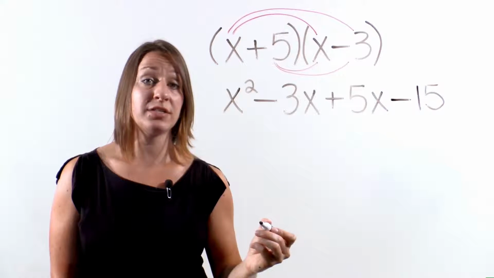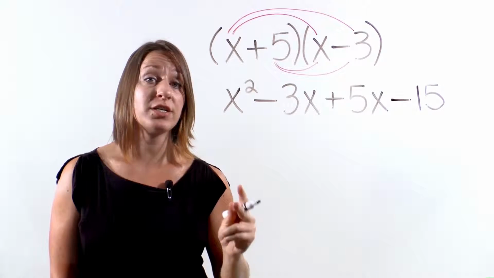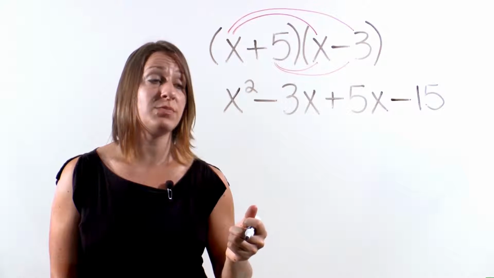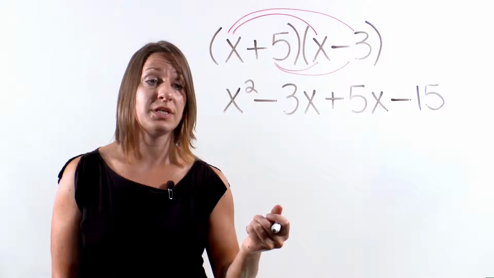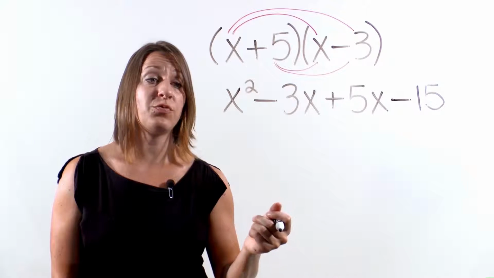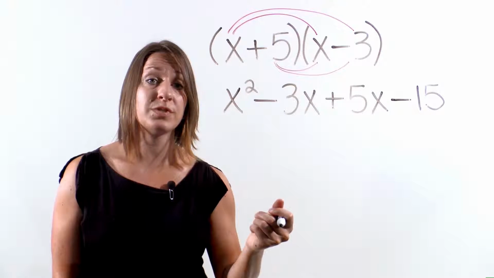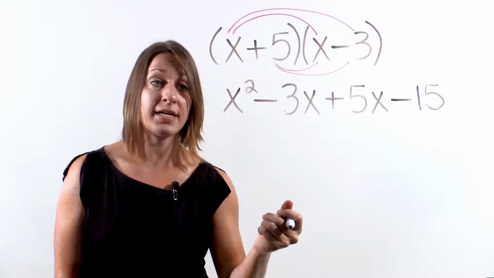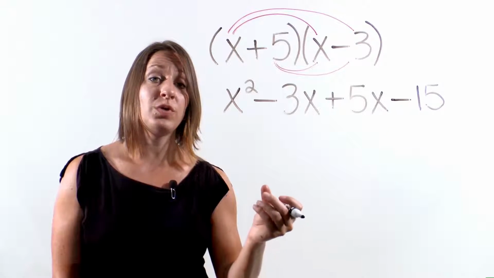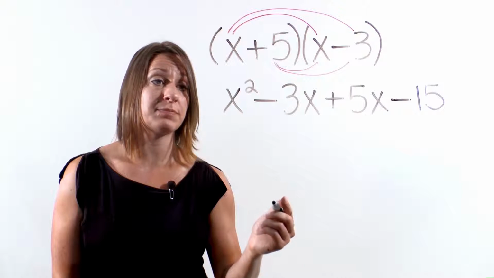Before we can say our answer is complete, we need to check 2 things. We first need to make sure that we have collected any like terms. A like term is if we have 2 or more terms that have the same variable and the same exponent. If so, we need to combine the coefficients.